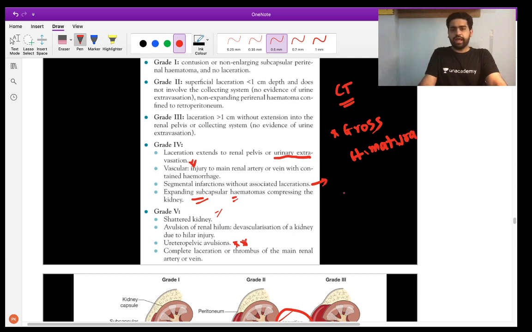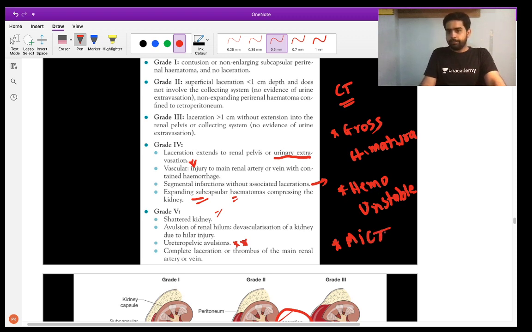Next, if the patient is hemodynamically unstable, hemodynamic instability. Then if the patient has microscopic hematuria, please understand this point, microscopic hematuria with instability, right? So you will have to perform a CT scan. So microscopic hematuria with hemodynamic instability, then you will have to perform a CT scan.